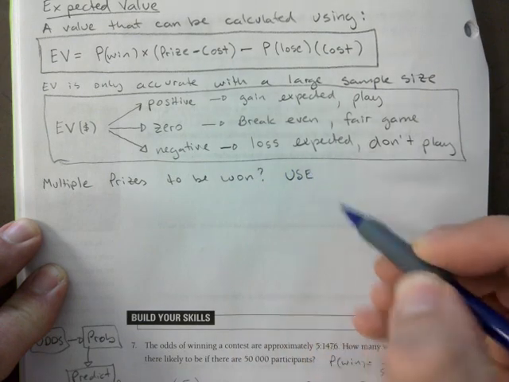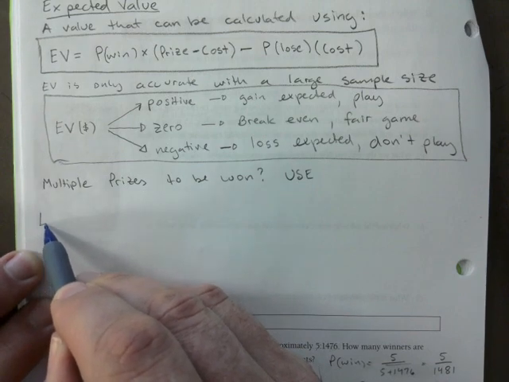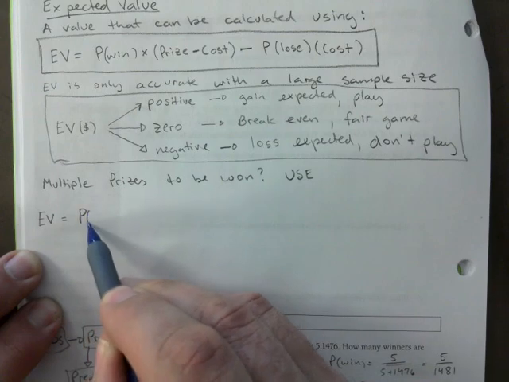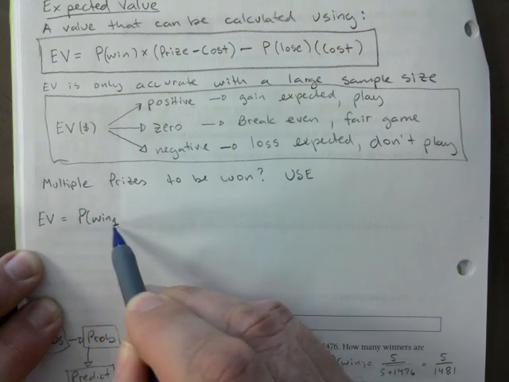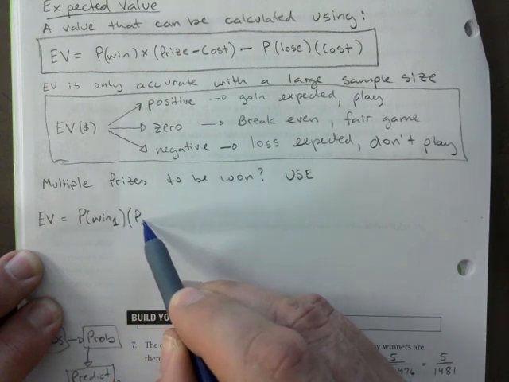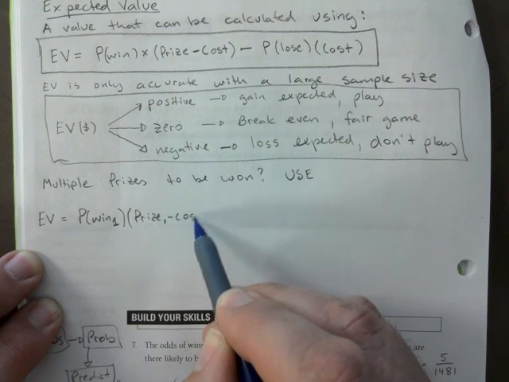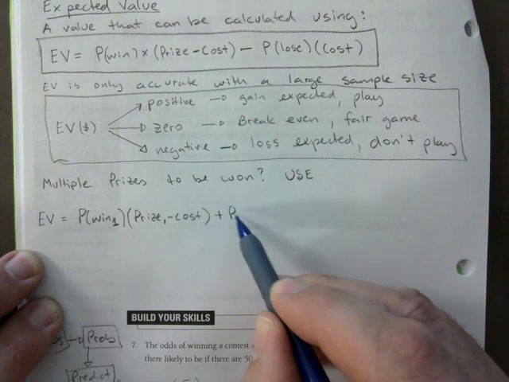Let's use this one. This is going to be a bit longer, so bear with me. Expected value is going to be the probability of winning that first prize, so go sub 1, and I'm going to multiply that by the prize of the first one minus the cost of playing, plus the probability of winning.